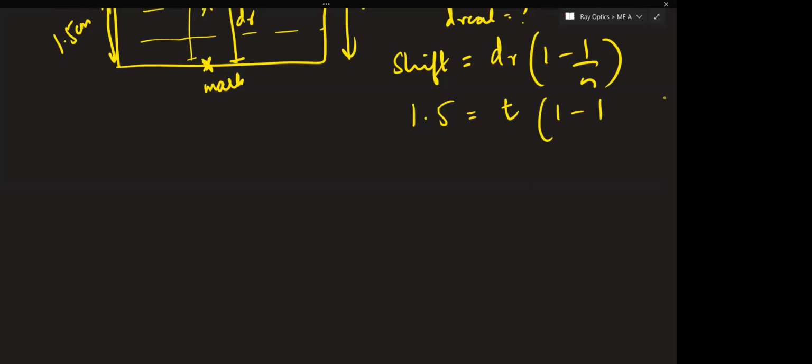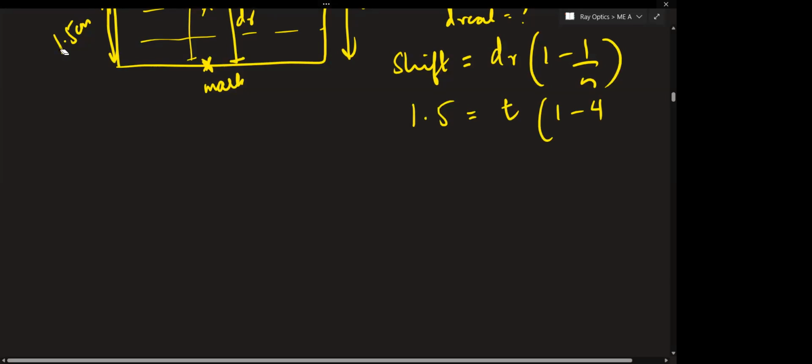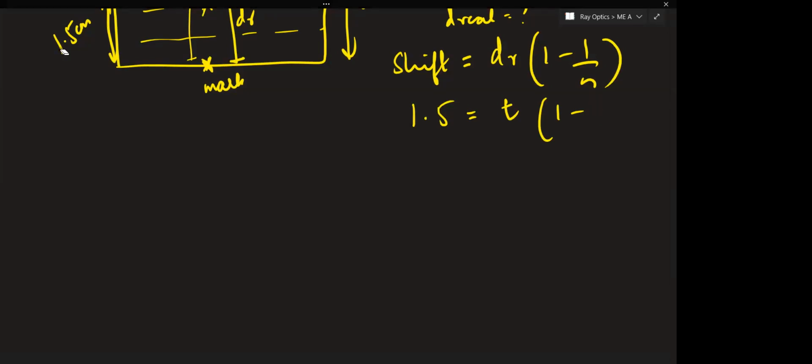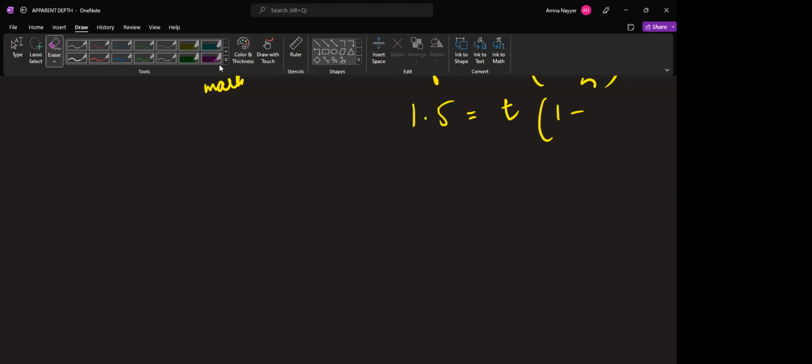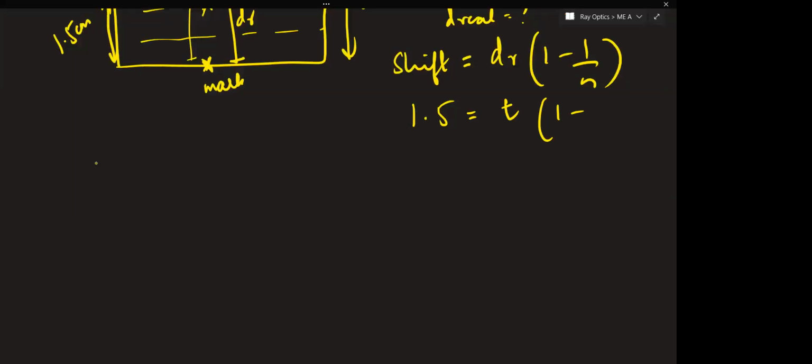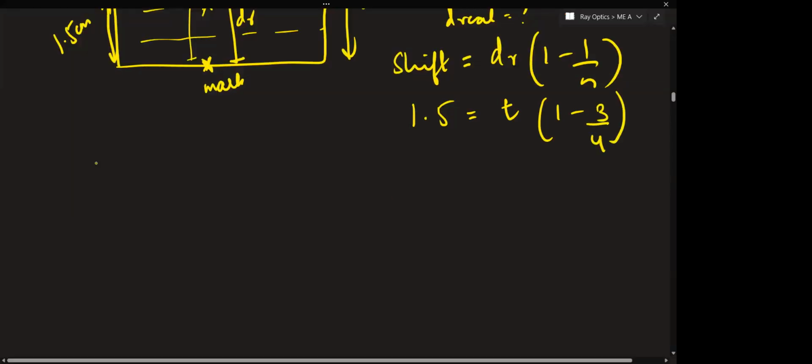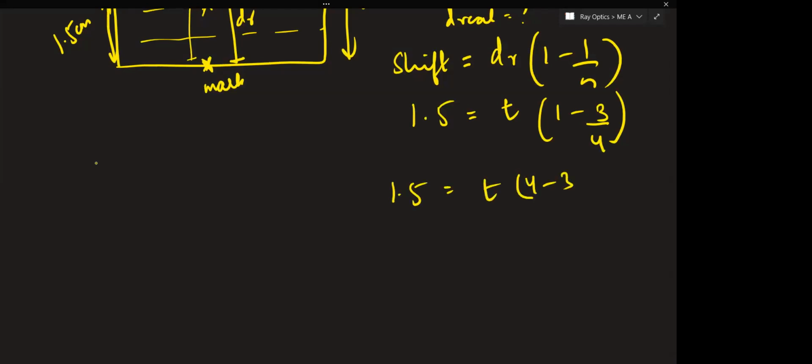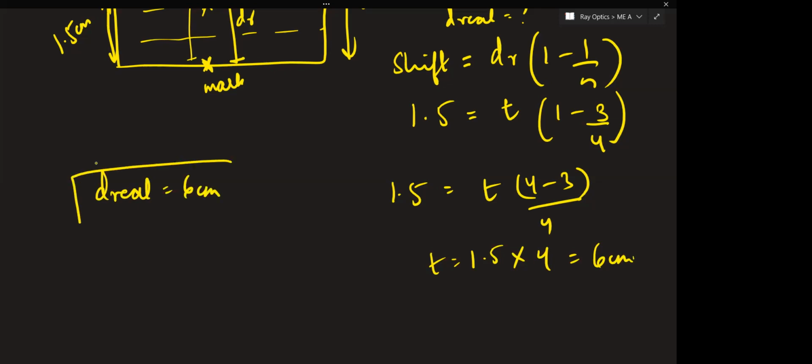Here 4/3 is n, so 1 by n becomes 3/4. It will get reversed. So 1.5 is equal to T times (1 minus 3/4). This is 1/4. T is equal to 1.5 into 4. That is 6 centimeters. So the real depth will be 6 centimeters.